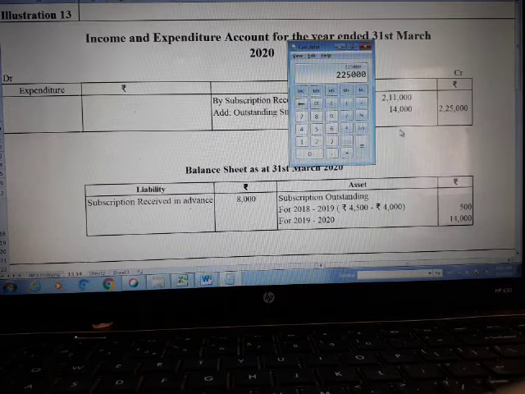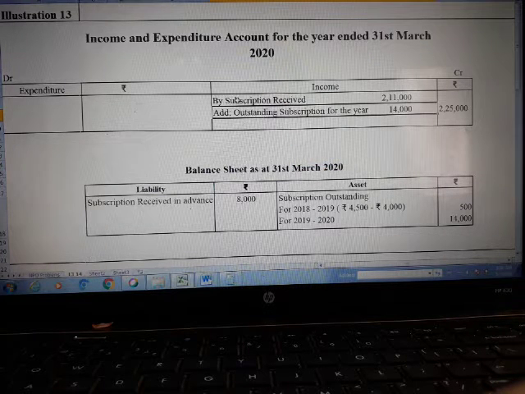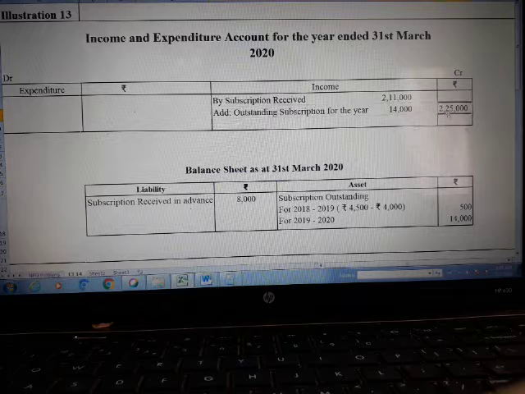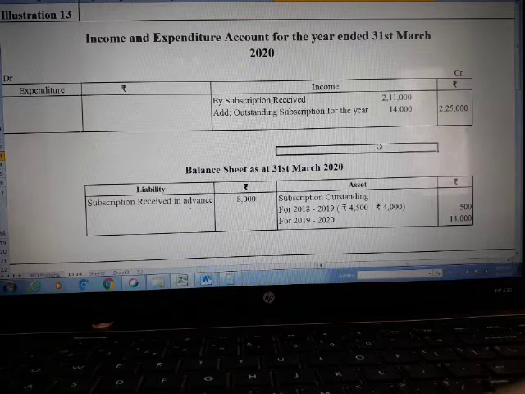But in this 2,25,000, I have received only 2,11,000. That means 14,000 I haven't received yet. That will become my outstanding subscription. So this 14,000 I am going to add because it is the current year outstanding. When I add this amount to the 2,11,000, I get the overall amount of subscription which is to be credited in my income and expenditure account.